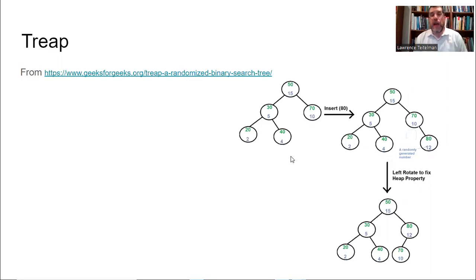Okay, good. Now, I want you to look at the blue. So ignore the green for a moment and look at the blue. Do you see any pattern or property among the blue? Seems random.